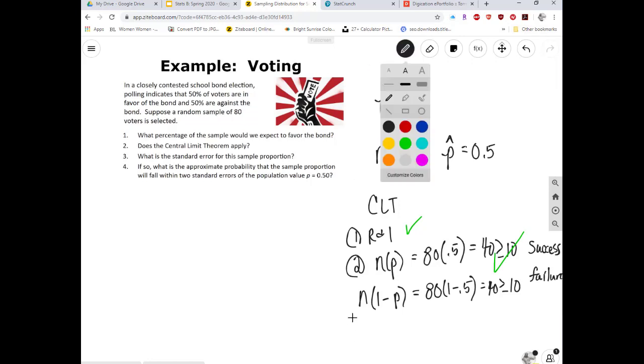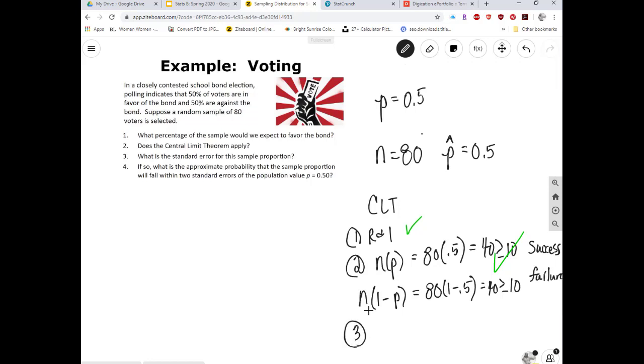The last condition of my central limit theorem says that my population has to be at least 10 times bigger than my sample size. So I need to know that my population, which is voters, is at least bigger than 10 times 80. It doesn't say how many voters there are in this town, but as long as the town has more than 800 voters, I'm okay.